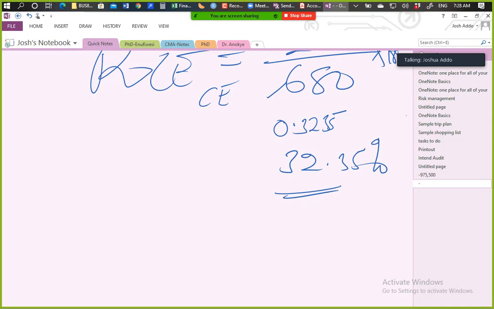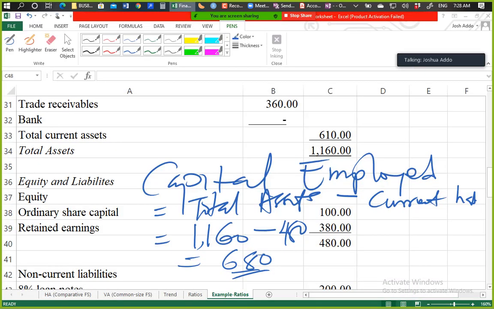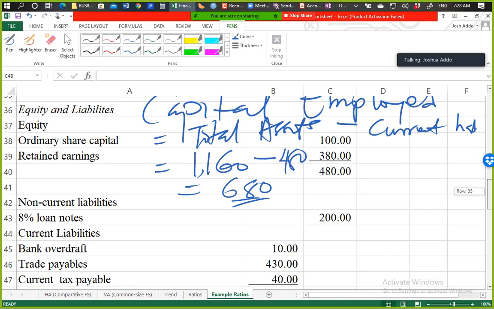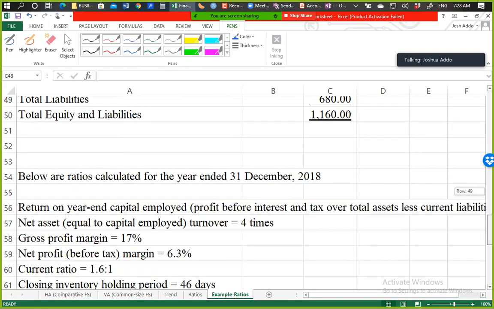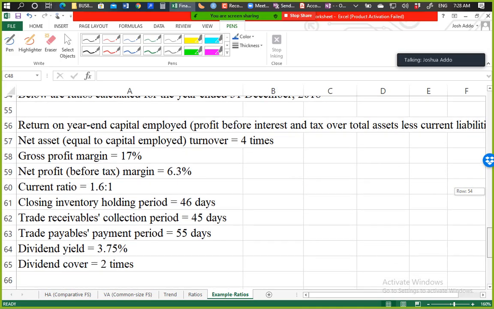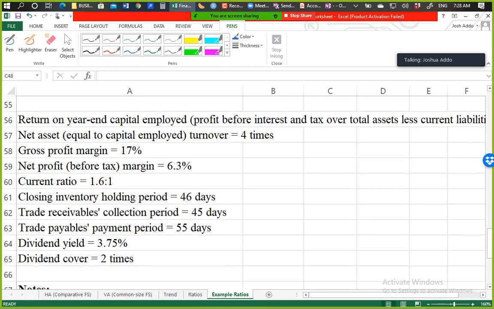Okay, so for this particular question, it was like the one I just talked about. The company's previous year's ratios have been calculated for you. You see them here. These are the ratios.